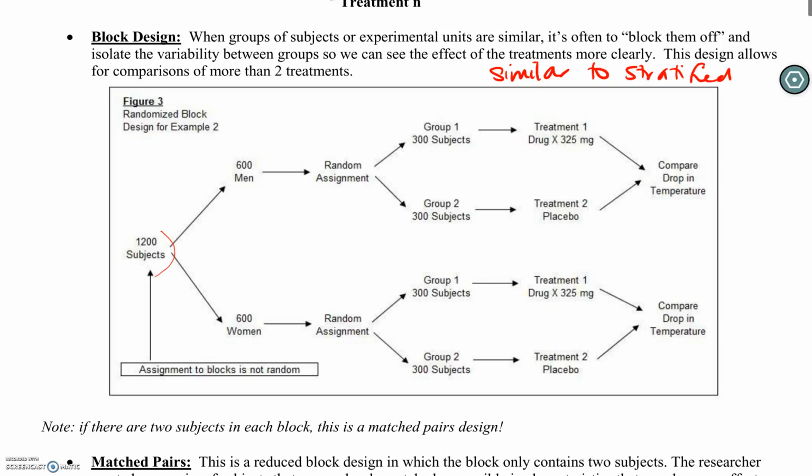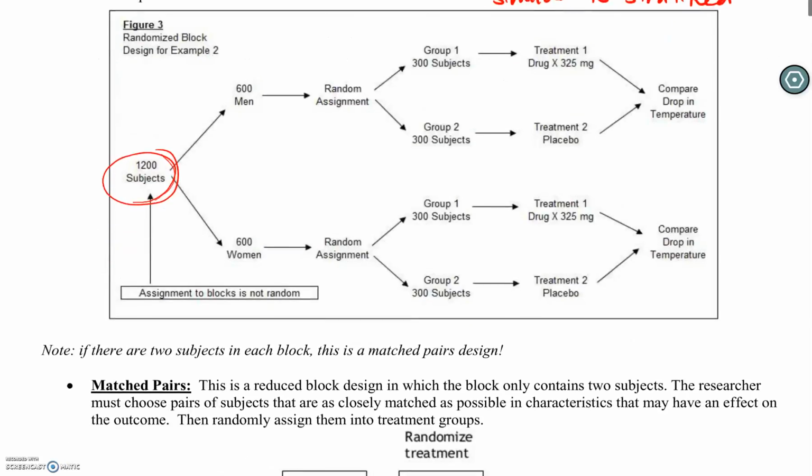So it is important that you distinguish the two. Everybody here, all of our subjects are people that we are going to be getting information from. So we've already done the sample portion, and now we're doing assignment versus in the stratified. So once we do a random assignment, then we go ahead and assign. Then we go ahead and do our measurements.